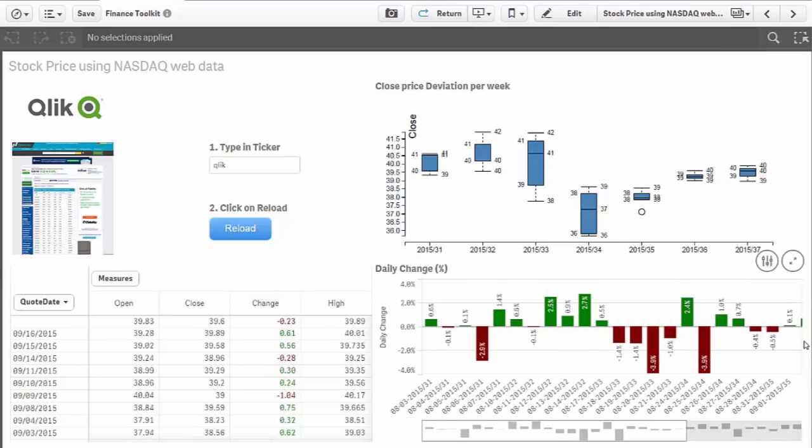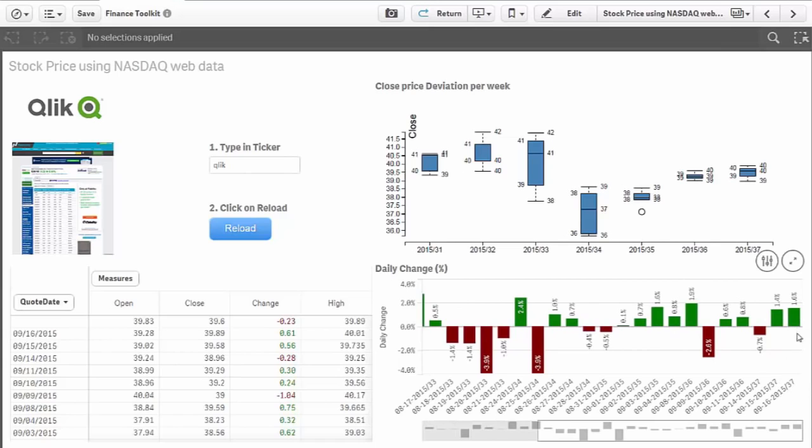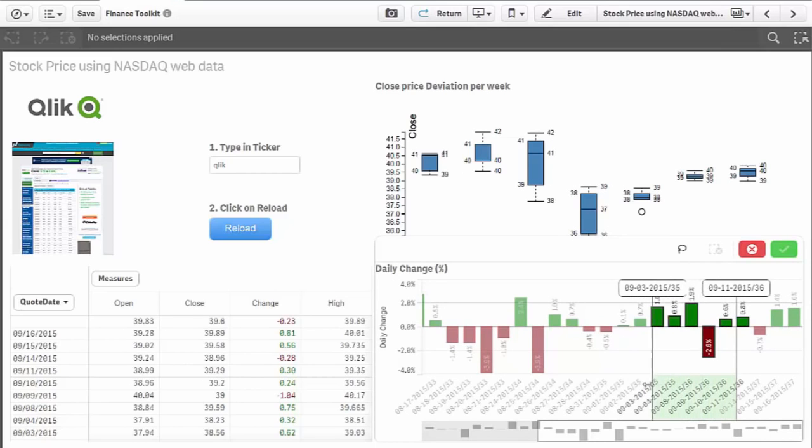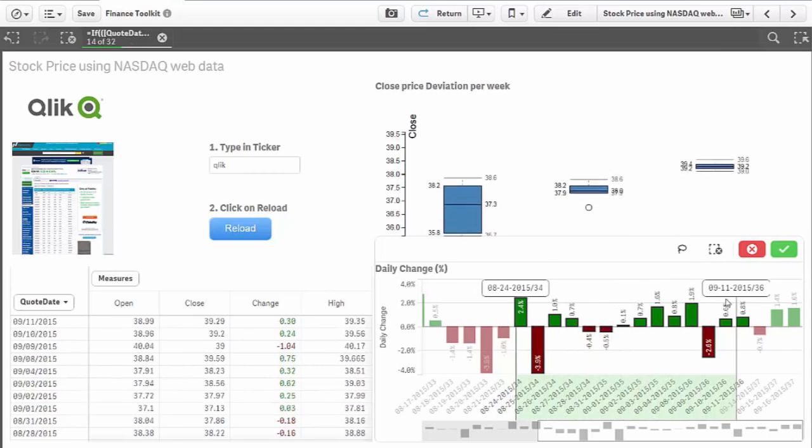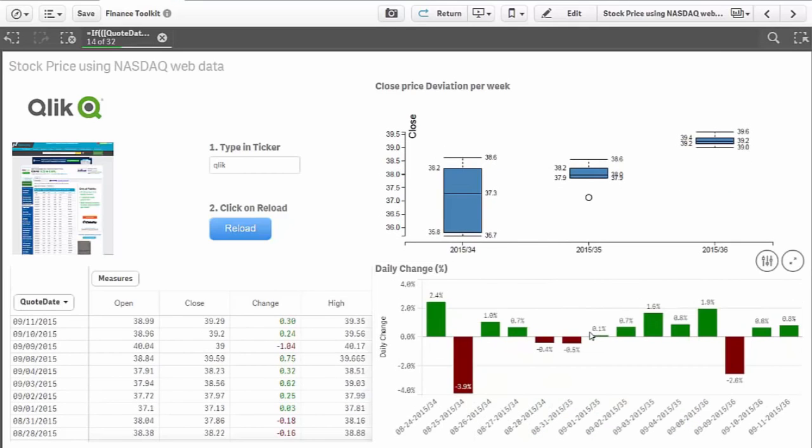So I see the Click stock price over the last few weeks. What's interesting, maybe interesting to me, is that I see that there's been a pretty good run over this time period. I may actually want to drive into it and say, show me the 34th through 36th week of the year, and I can dive in and see the analysis and what's going on with the stock price.